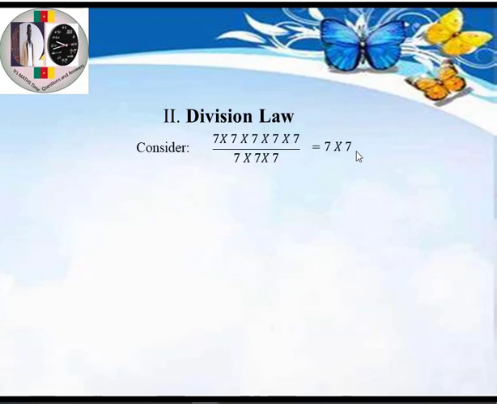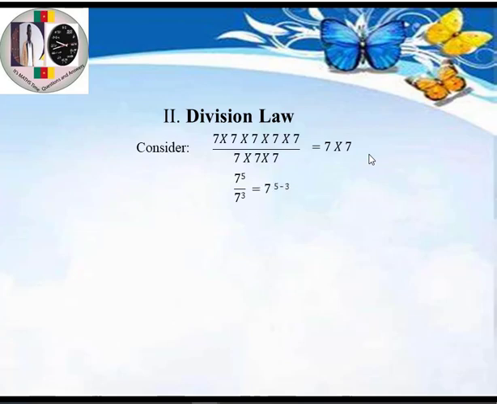Right? So again, rather than using this method, we are going to see that 7 times 7 times 7, 5 times, is the same as 7 power 5, divided by 7 times 7 times 7, 3 times, which is 7 power 3. So we are going to have 7 power 5 divided by 7 power 3. And if we do 5 minus 3, we are still going to have 7 power 2.